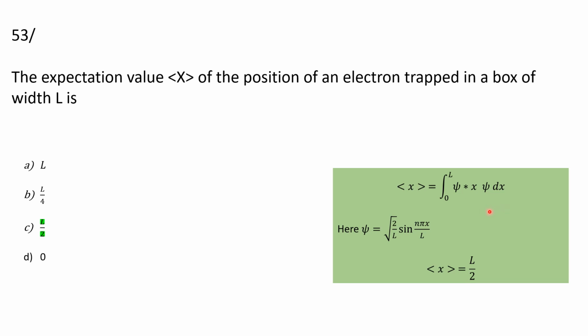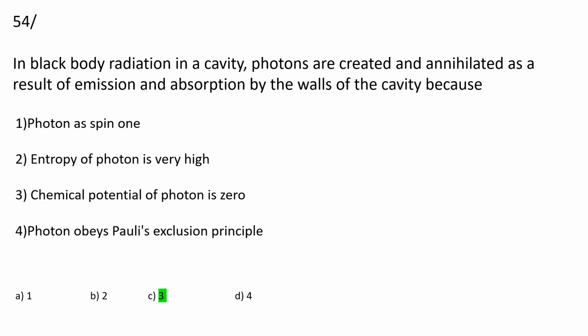Because this is normalized, the psi function can be written as root over 2 by L sine n pi x by L. So by putting this value in this equation and by integrating it, we find that the expectation value of x comes out to be L by 2. So our final answer is option C, that is L by 2.